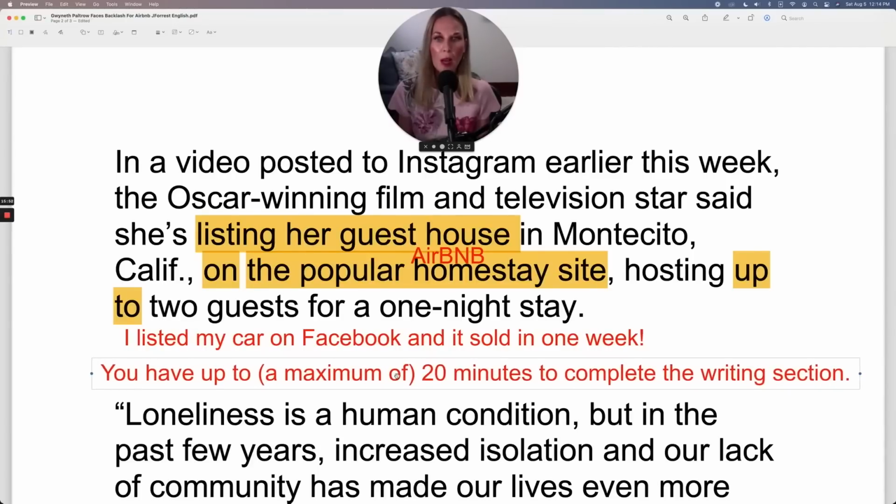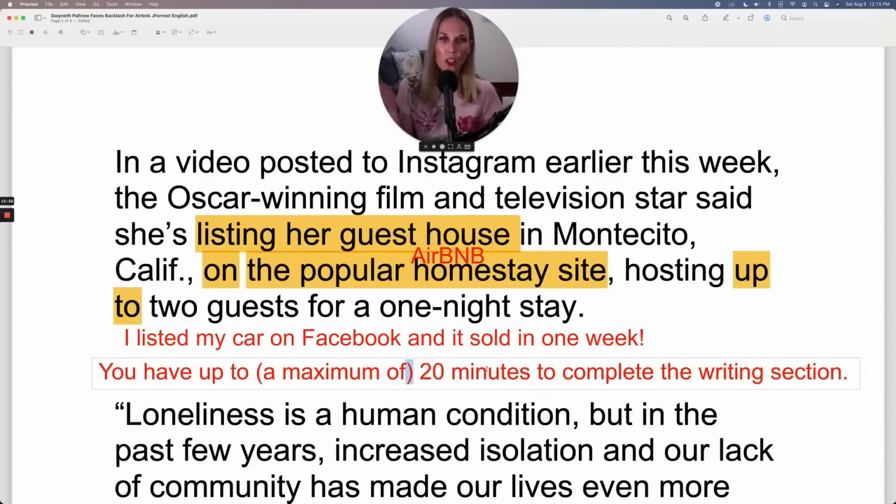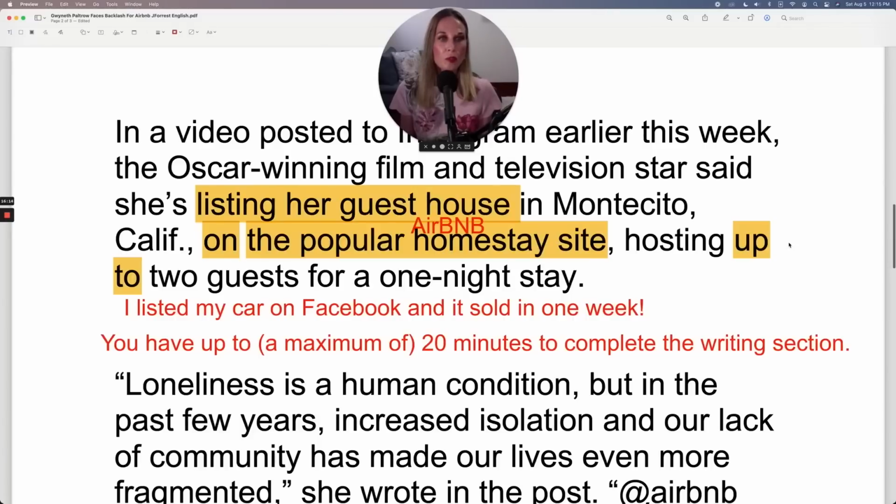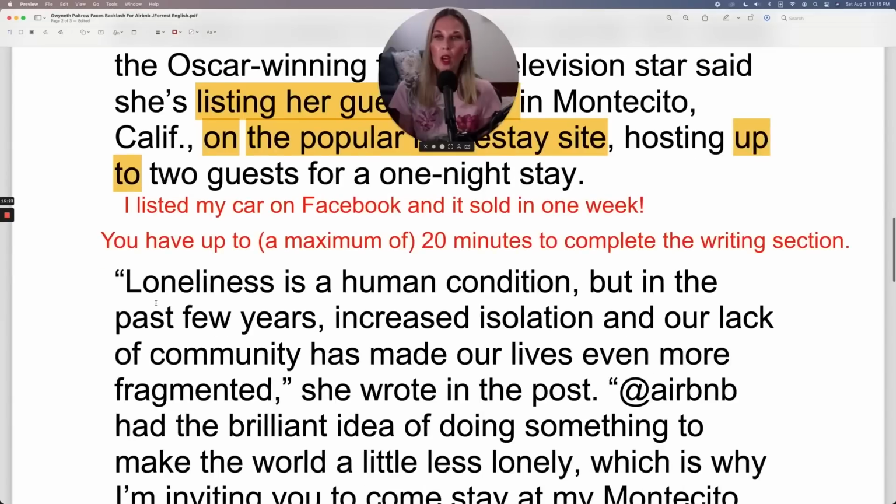A maximum of is the more formal way. So honestly, in the instructions for a test, most likely it will say a maximum of, because this is the more formal way. And just an alternative, perhaps more casual way, is you can say up to. You have up to 20 minutes. So this house will host up to 2 guests, a maximum of 2 guests for a one-night stay.